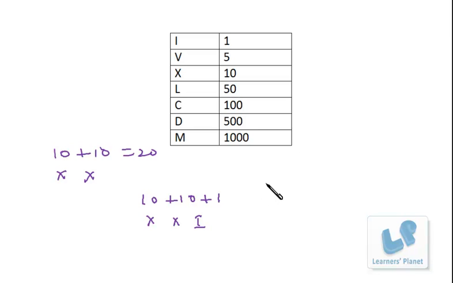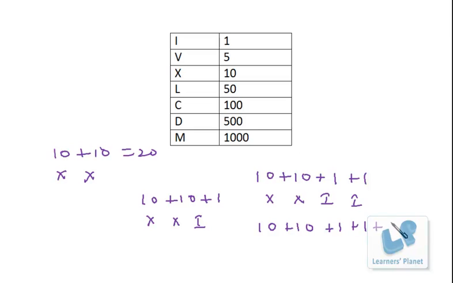And very fast we write 22 also. So it's 10 plus 10 plus 1 plus 1, so it's XXII. Similarly 23. So it's 10 plus 10 plus 1 plus 1 plus 1, so it's XXIII.